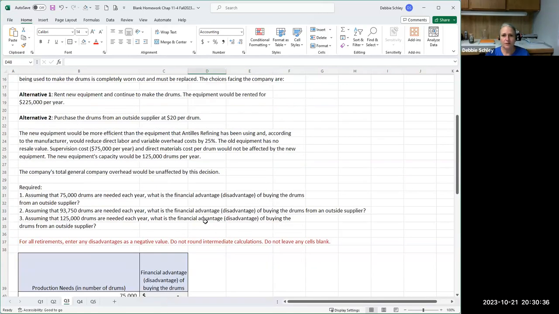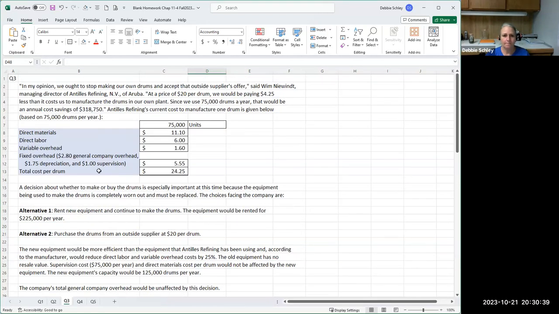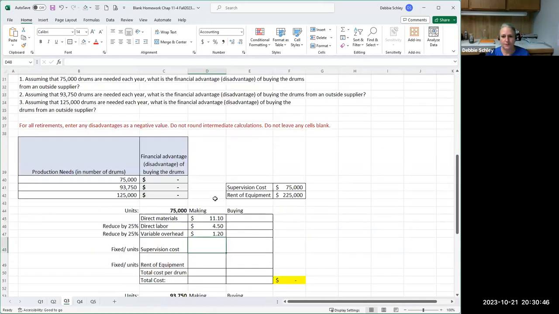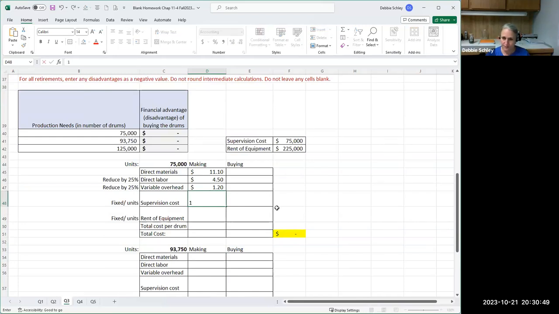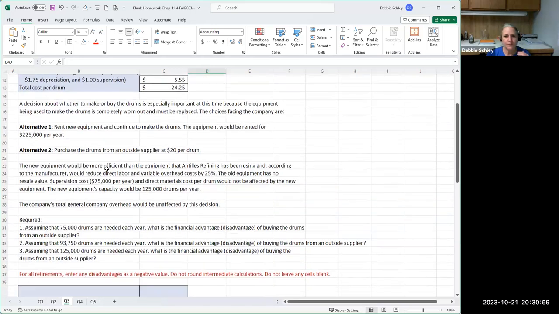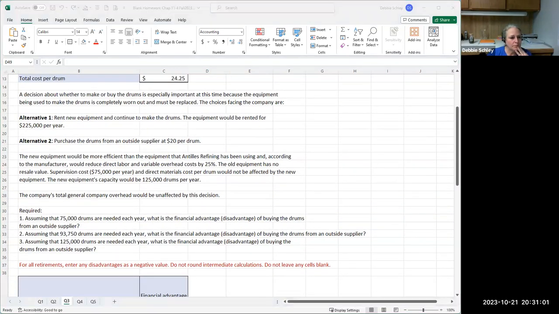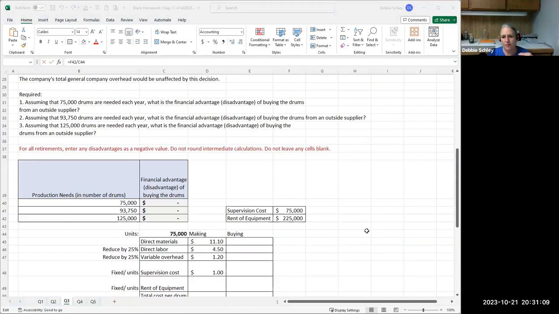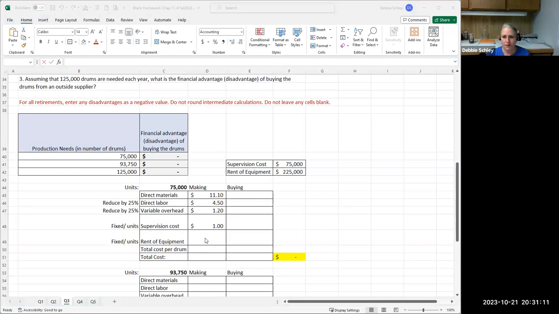Fixed supervision. See, right there. So that fixed supervision is $1. The rent of the equipment. Hmm. This is a fixed expense. And so I'm just trying to get my per unit stuff here.